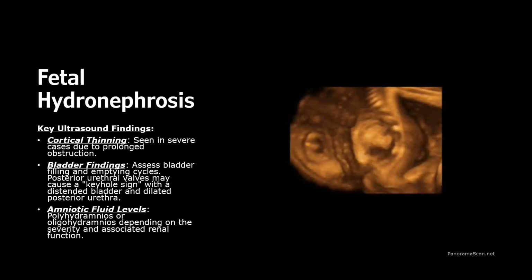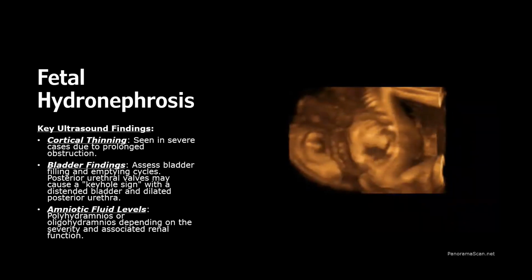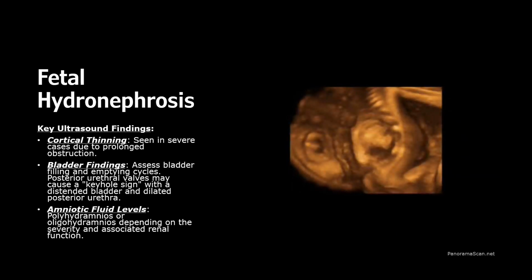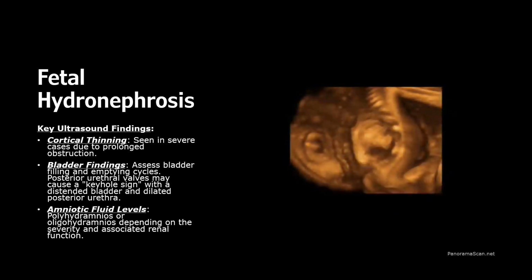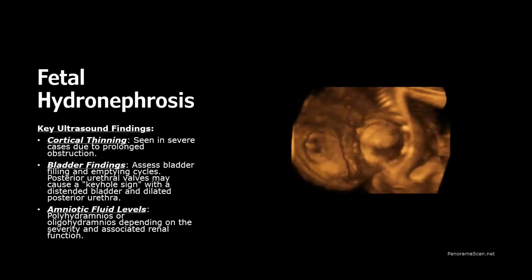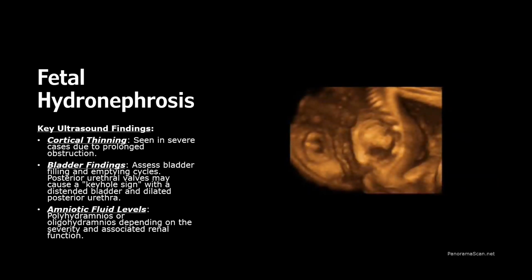Amniotic fluid levels are an important consideration. In cases of obstructive hydronephrosis, we may see polyhydramnios if the fetus is unable to properly swallow and absorb the fluid due to renal dysfunction.